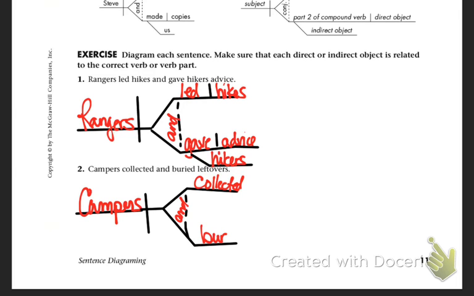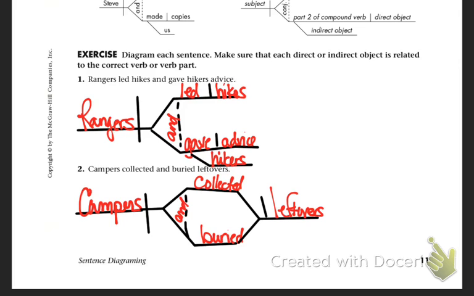Did they collect leftovers? Yeah, they did. Did they bury leftovers? So we've got to close that triangle, don't we? And we got to put the direct object line right there at the end of the triangle and write leftovers. Is that right? Yep. Because leftovers answers who or what they collected and buried, right? You following? Yes. Pretty simple?